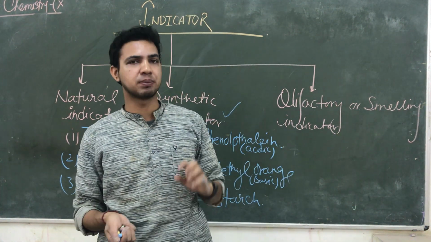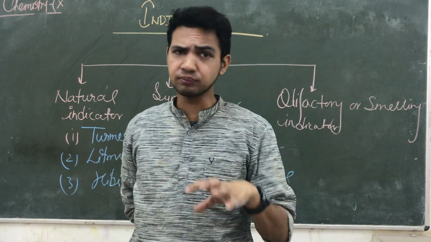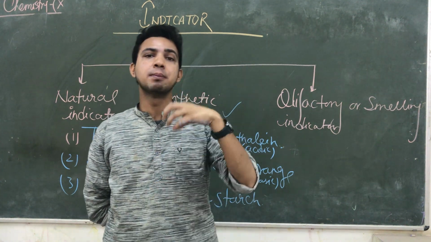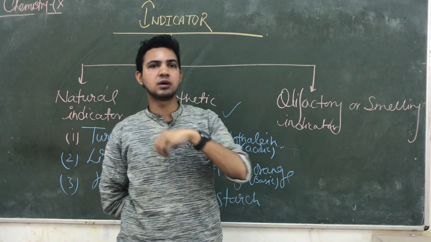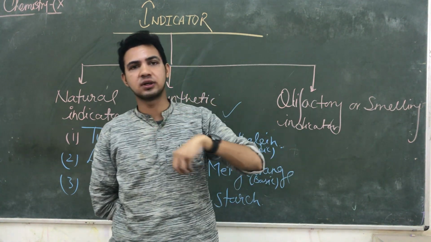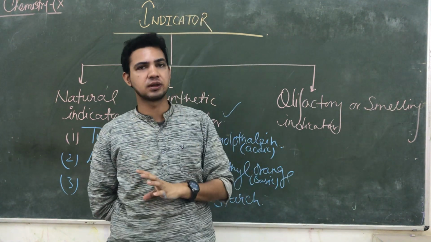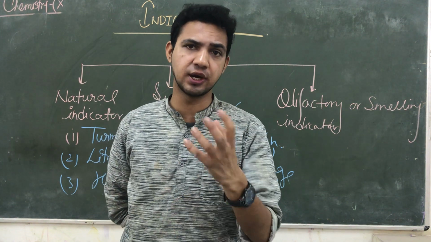I am giving you one example: garlic. Garlic is acidic in nature, but when we add garlic inside any dish and roll it up with the dish, then after 5 minutes the garlic changes its smell. It means the medium inside is basic in nature.